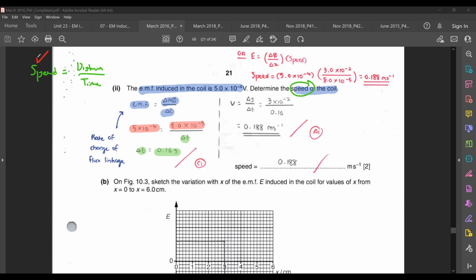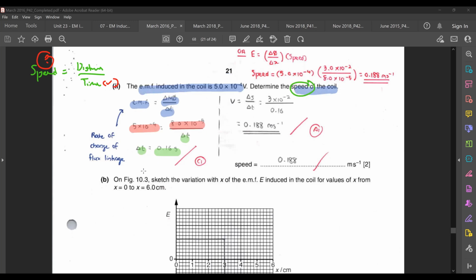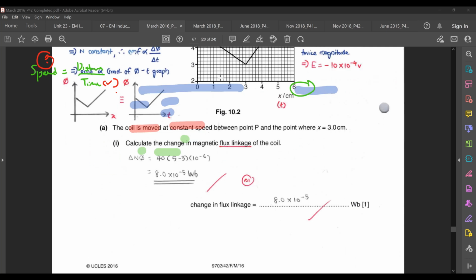The speed is what you want to know. The time is what you already found out. So what about the distance? The distance is something you could also find out already. Because you see, part 2 is related to what they wrote in A here.